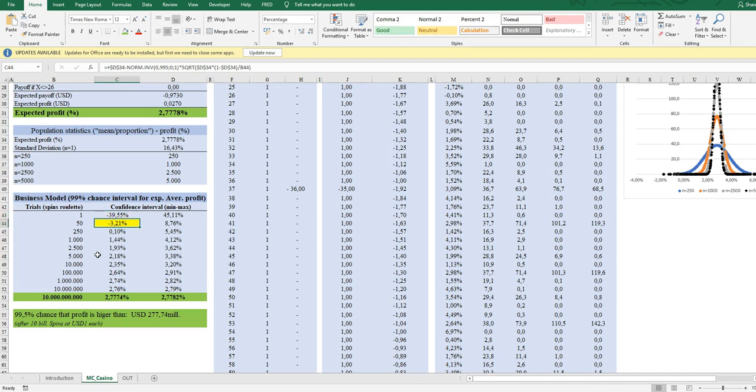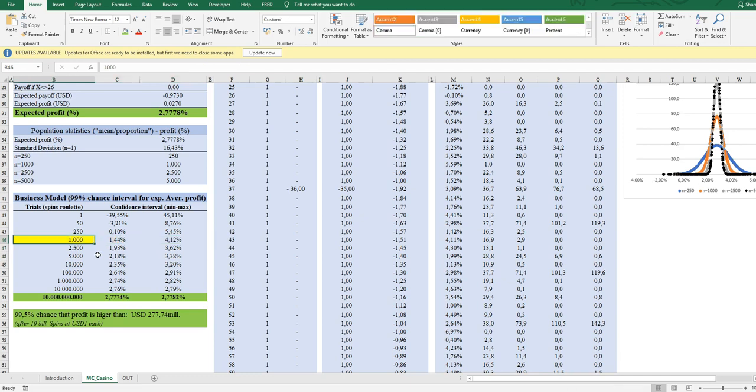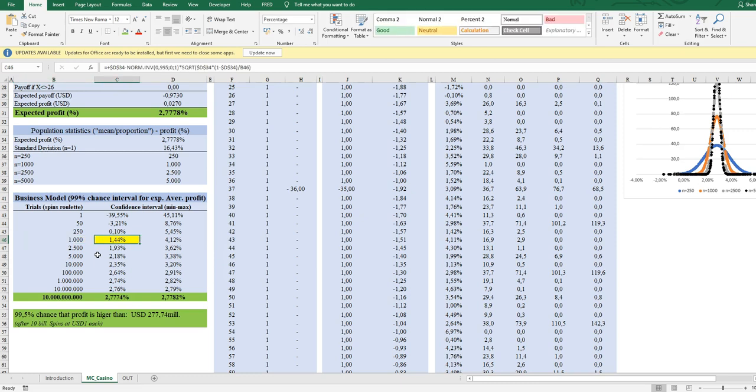But if you go down, this is indeed the classical confidence interval in a normal distribution, and it says here, if the player plays 1,000 times, there is a 99% chance that the profit will be in this interval. So minimum this and maximum this.